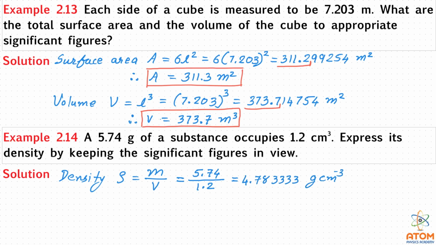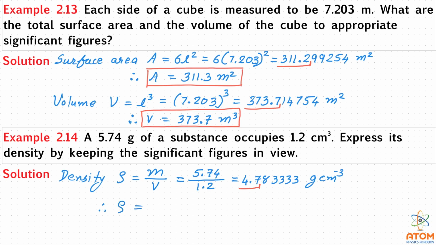Now we know that the least number of significant figures is 2, that is in 1.2. So the answer has to be reduced up to 2 significant figures only. So by that I'll put the answer of density now.